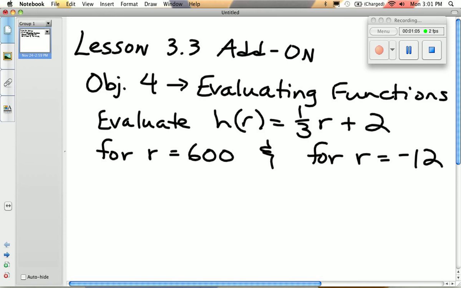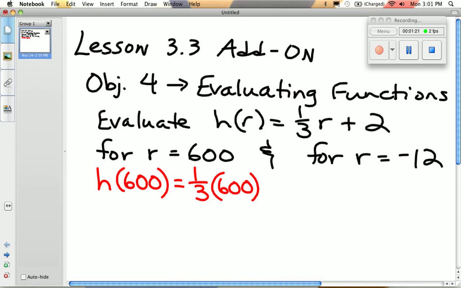value. So the proper notation to show this is h of 600, the function evaluated at 600 would be done by putting into the function rule the 600 for the r. So we substitute the 600 in for the r into our function rule, which says take 1/3 of the x value, or the r value, and add 2.